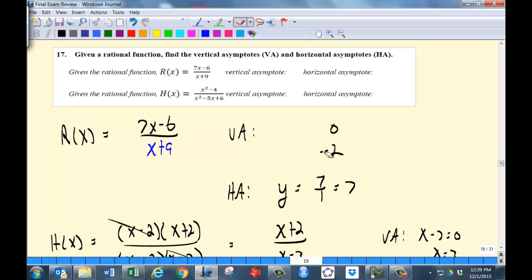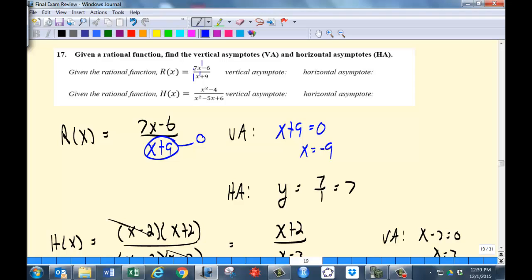And then to get the vertical asymptote, we just take this and set it equal to 0. So x plus 9 equals 0, and x equals minus 9. This is a vertical asymptote. Horizontal asymptote, if the powers are the same, which they are, degree 1, degree 1, it's just going to be the coefficients. So 7 divided by 1 is 7. That's the horizontal asymptote.